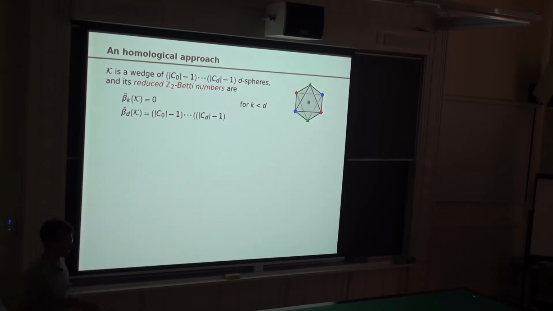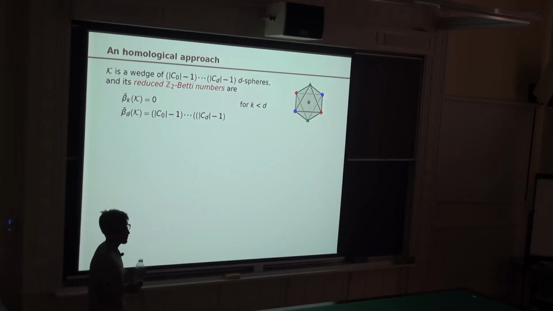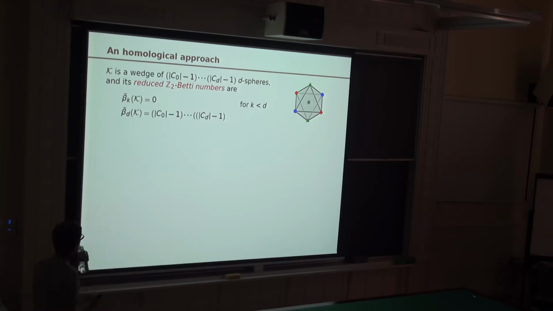And now I'll study the Betti numbers of these complexes. So we work with Z2, but just because we didn't need more. And for the complete complex, the colorful complex, it's not hard to do. It's actually a wedge of spheres. So it has Betti number 0 for everything of dimension lower than d, and it's the product of c_i minus 1 for k equals d.